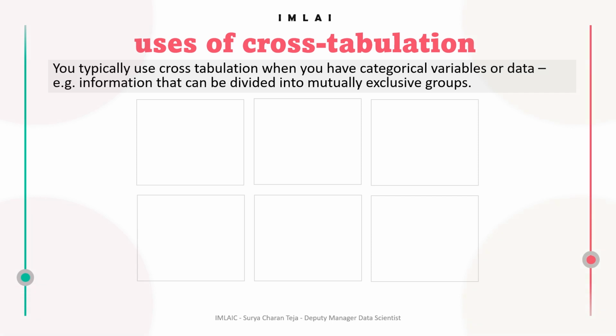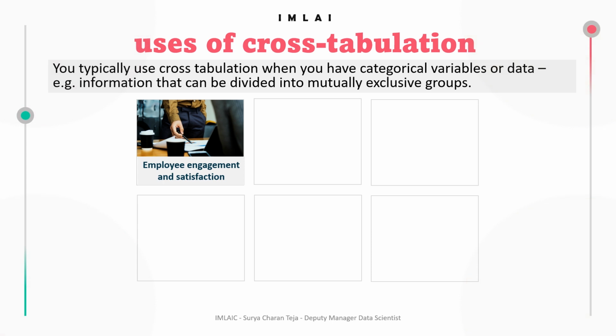So now let's see other uses of cross tabulation. The first one is employee engagement and satisfaction. You might want to assess how employees, both male and female, feel about their job roles currently. You could even conduct this research across departments and compare two or more variables to get a better understanding.